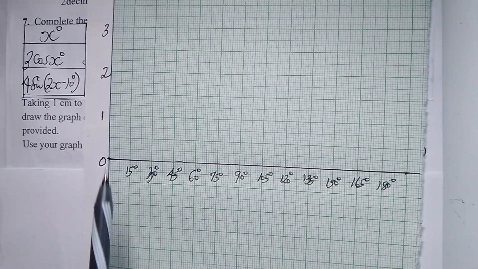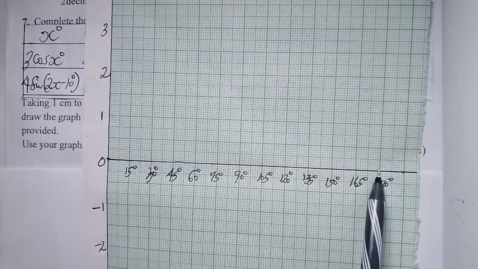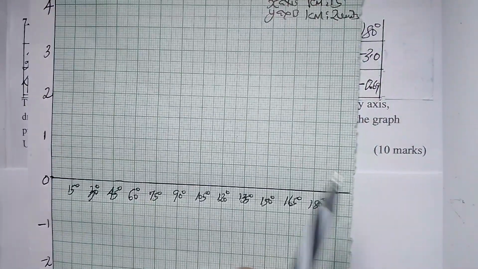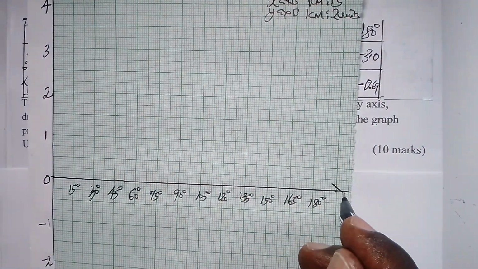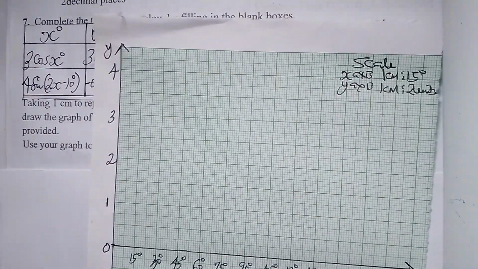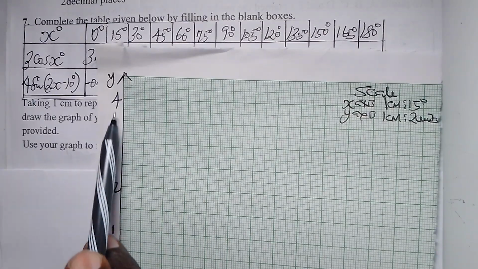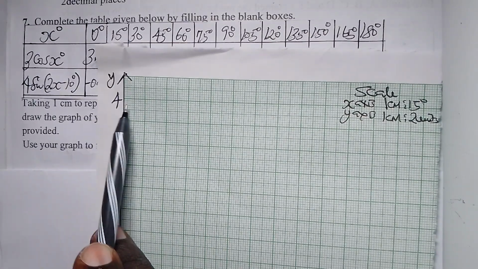So I already have on the x-axis 0 up to 180. Here, remember to put this as the x-axis. On the y-axis, I have 0 up to 4 units. How did I arrive at that?